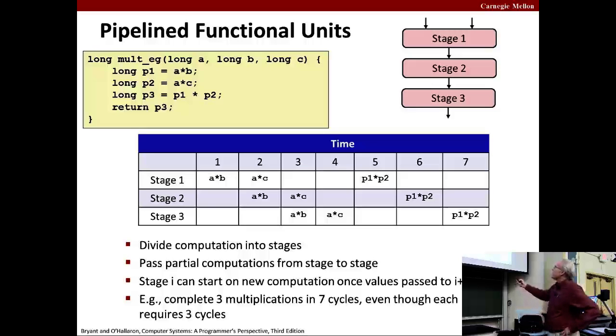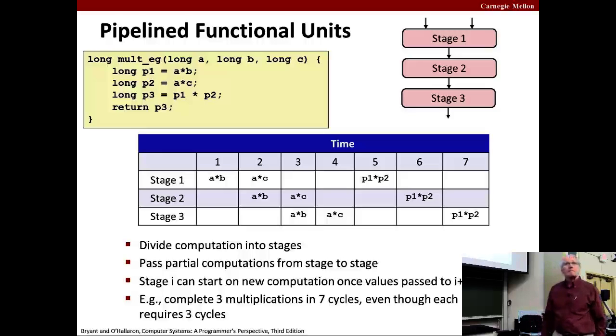Now, the final product obviously depends on both of these products, so it can't start until a times c is completed, and then it will run through the pipeline. Overall, we've done what would have normally seemed to be 9 steps worth of arithmetic in a total of 7 steps because of pipelining.